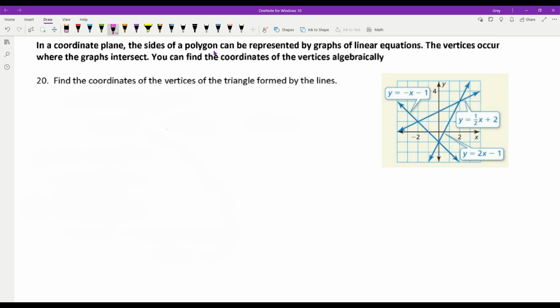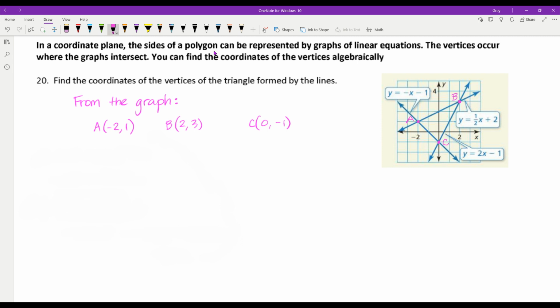If you look at this graph, I'm going to label this point A, this point B, and this point C. And because they actually cross at nice integers, it's easy to find that answer. So from my graph, I know that A has the coordinates -2, 1, B has the coordinates 2, 3, C has the coordinates 0, -1.